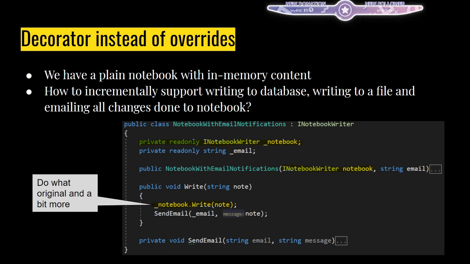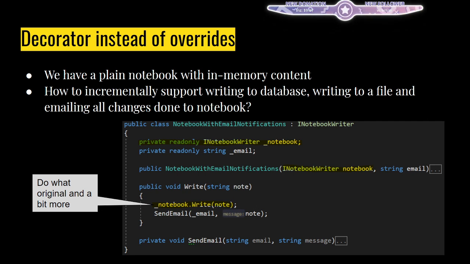Here you can see we have a notebook writer, and all a notebook writer can do is write a note in a notebook. So notebook writer dot write is what every notebook writer can do.